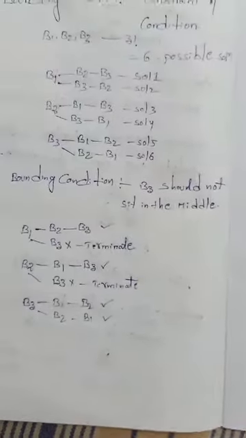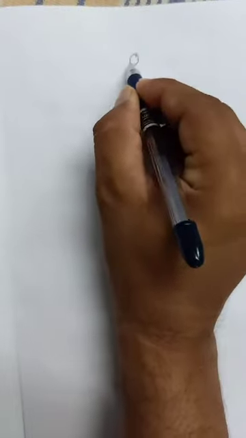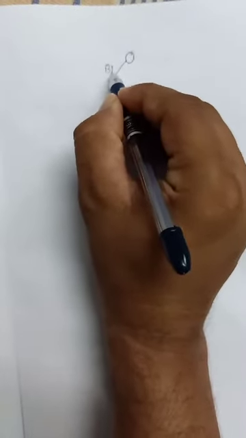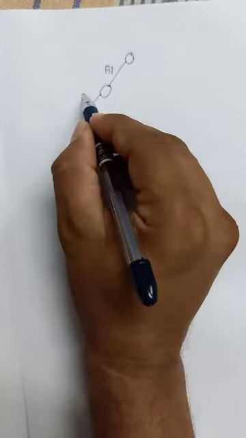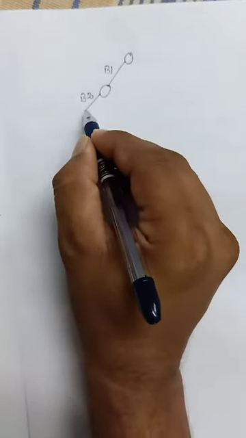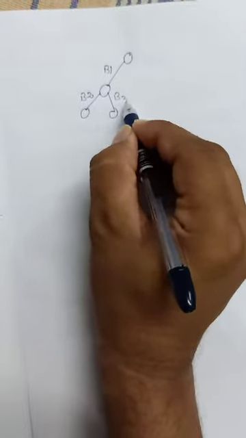Now we are representing the same solution space in the form of a tree. Initially, if I set B1, what are my possibilities? Either B2 or B3.